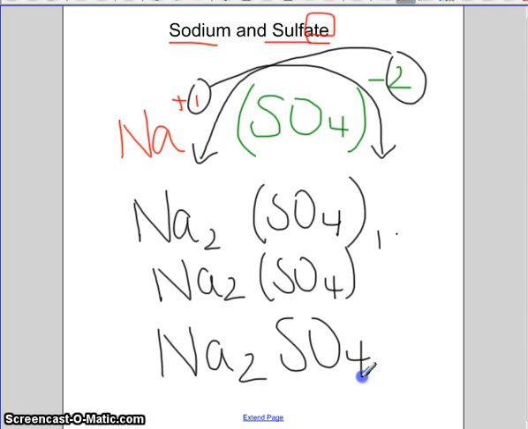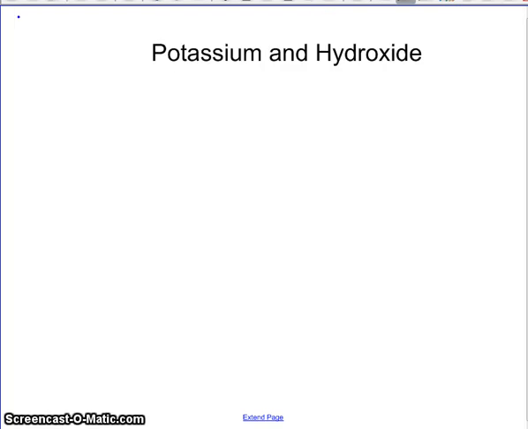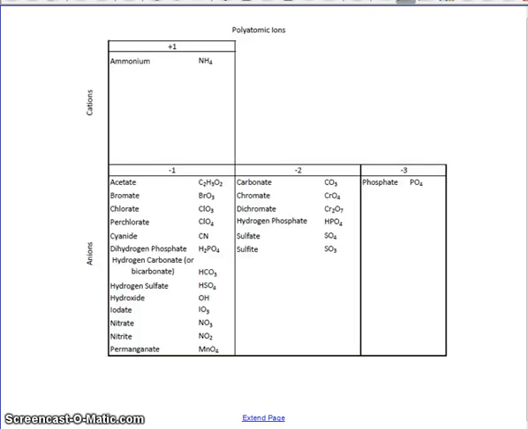So for our next example, we have potassium and hydroxide. Now I know that it ends in "ide", but if you notice hydro and then the ox, this reminds one of hydrogen, and of course the ox is going to remind one of oxygen. So if you look back at our list, if I look for hydroxide, here it is right here. And I was right, OH, and it has a charge of -1.